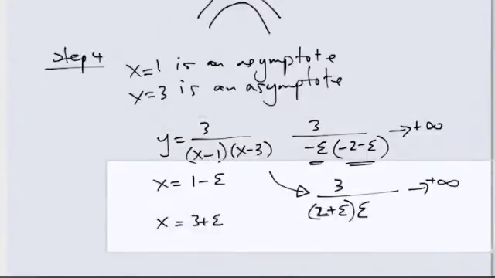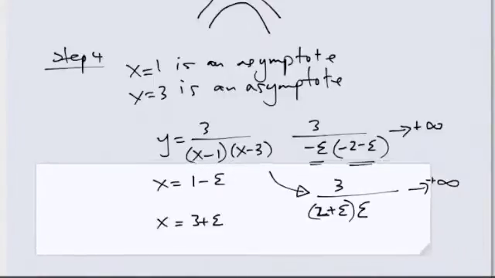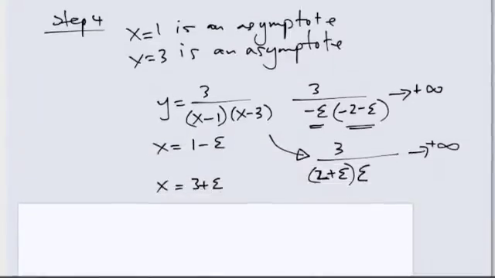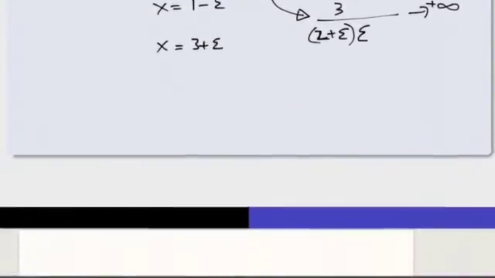When x is slightly greater than 3, y approaches positive infinity as well. So we know x equal to 1 is an asymptote, and x equal to 3 is also an asymptote. Now we can use this information that we obtained in steps 1 to 4 to plot the curve.